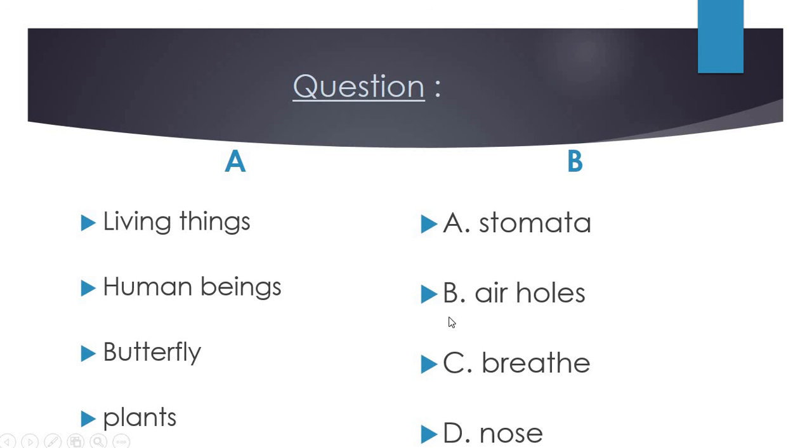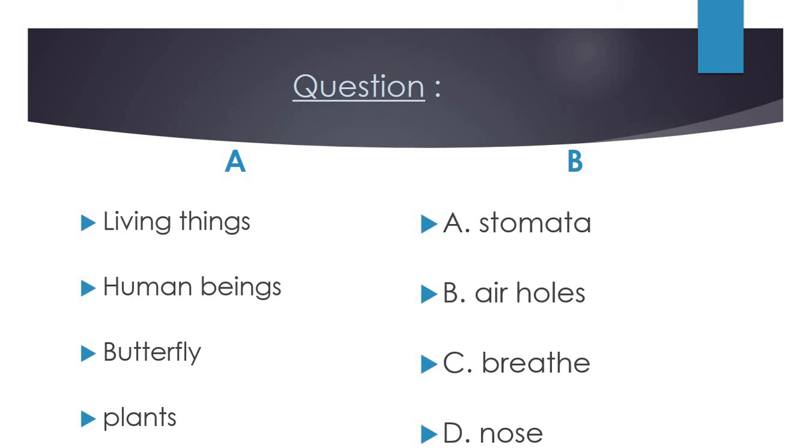Human beings matches with air holes, breathe or nose? Few options might confuse you, but you have to think precisely. Butterfly matches with air holes, stomata, breathe, or plants, the last option, matches with stomata, air holes, breathe. Please think about your answers properly.